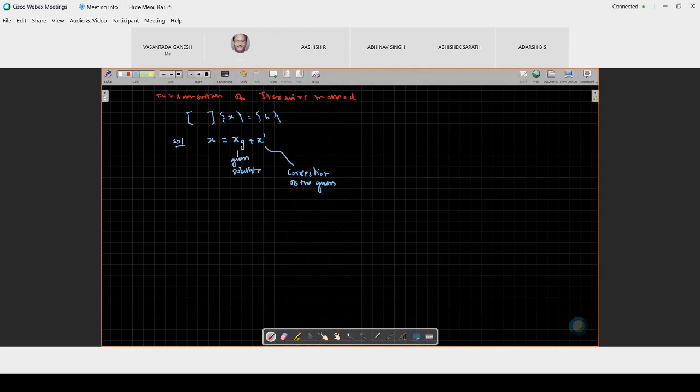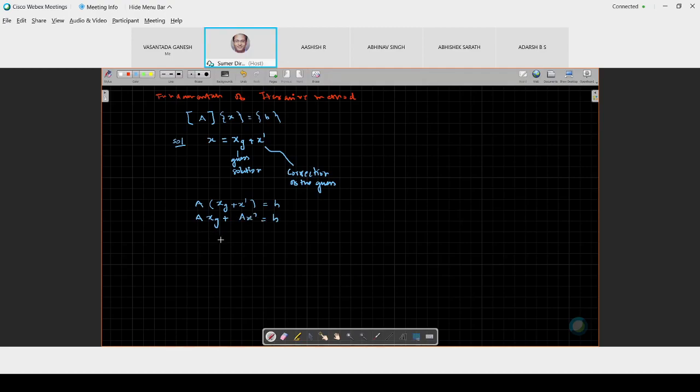So if you substitute this in the system, what do you get? You get A times xg plus x prime is equal to b. Now if you expand this, you get A xg plus A x prime, right?